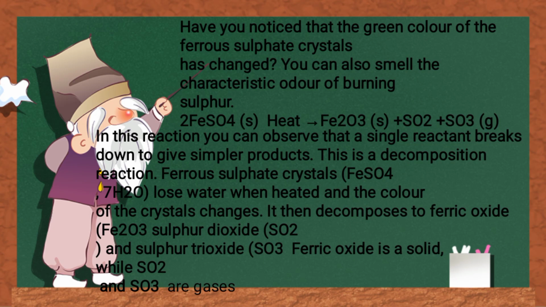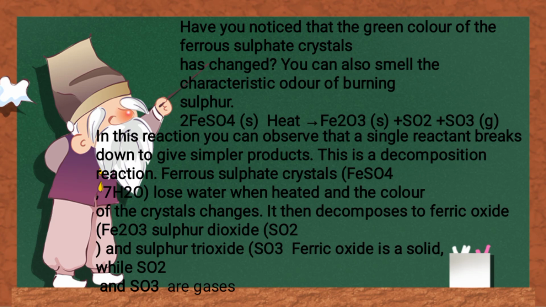You can also smell the characteristic odor of burning sulfur. So you can see here the green color will change, and that will change into what color? Let us see. Ferrous sulfate plus heat gives Fe2O3 plus SO2 plus SO3.